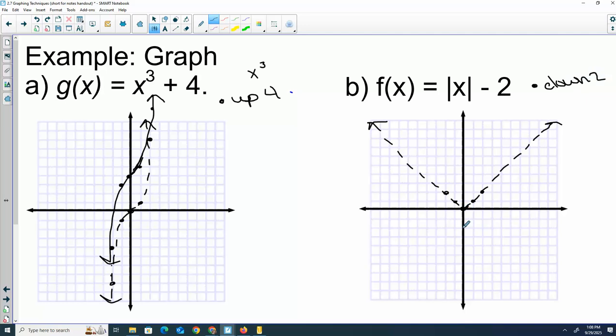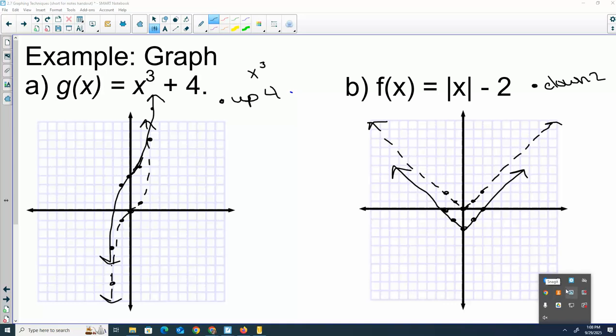So I'm taking each point that I just plotted and moving it down 2. Or if you prefer, think of it as writing out your ordered pairs and subtracting 2 from all the y values. Any questions right now?